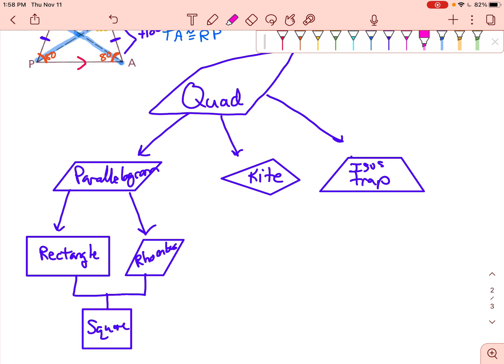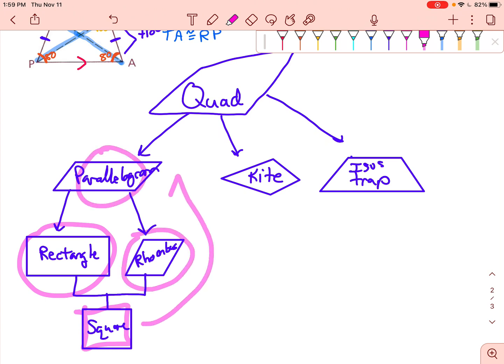Okay, so again, if I told you something is a square, because a square is a rectangle, it is a rhombus, it is a parallelogram, it has all of the characteristics of all of those shapes. So a square has the characteristics of a rhombus and a rectangle and a parallelogram. So you have to memorize the characteristics for all of those different quadrilaterals.